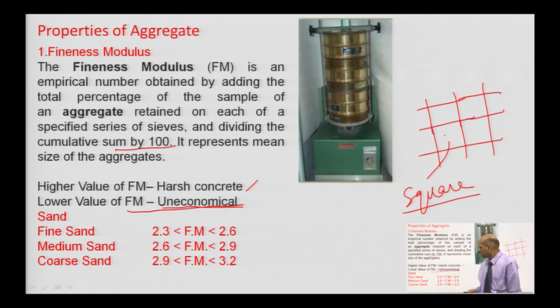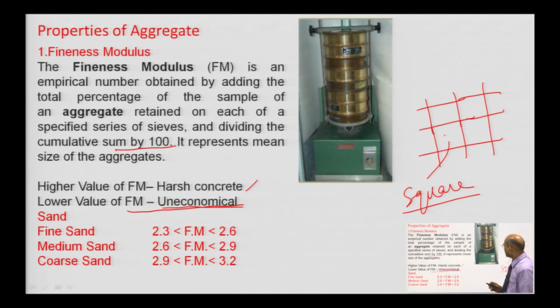Similarly, for fine sand the fineness modulus ranges between 2.3 and 2.6, medium sand values range from 2.6 to 2.9, and coarse sand values range from 2.9 to 3.2.